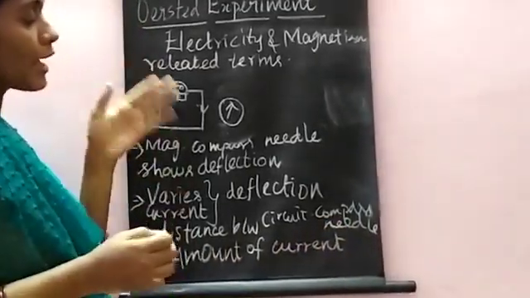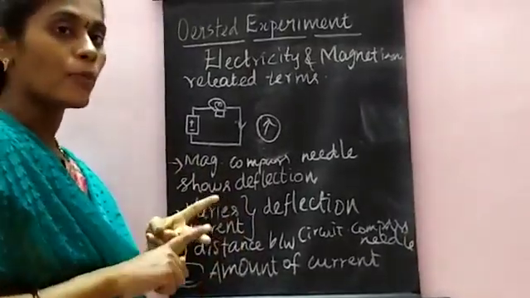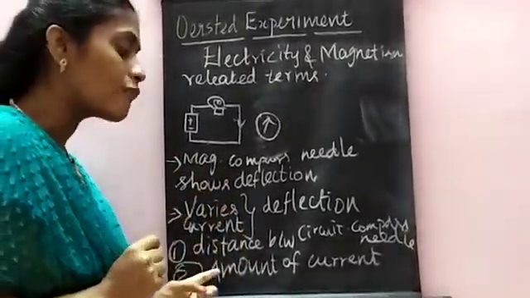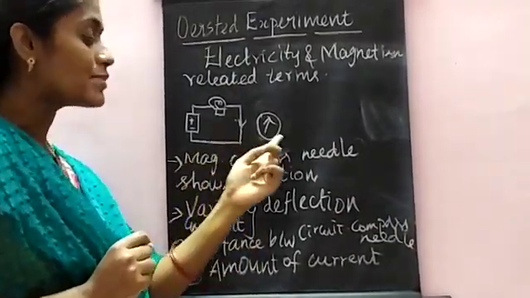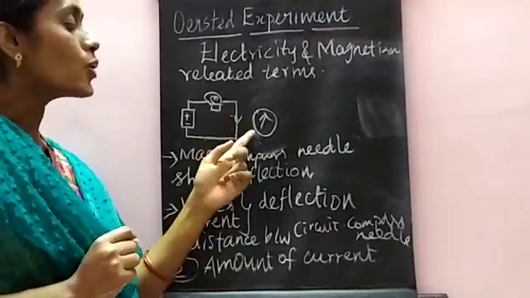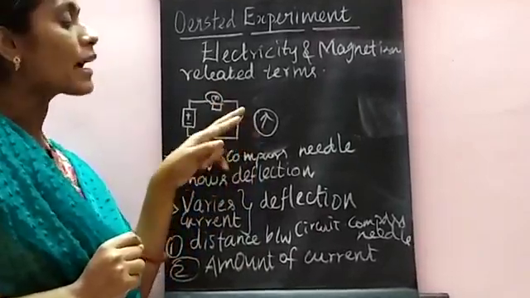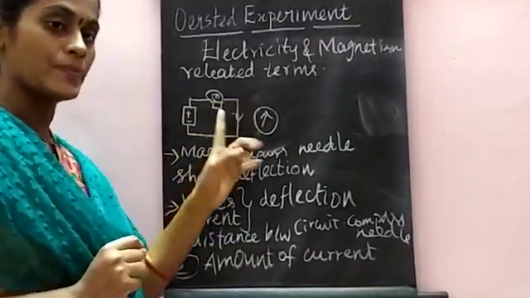So in that experiment he found that the deflection depends upon two factors. One is the amount of current flowing in that circuit. Another is the distance between the circuit and the compass needle. When the deflection is shown, it means a magnetic field is present, and the magnetic compass needle shows the deflection. That's all.